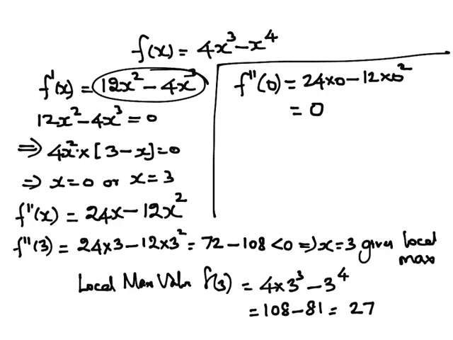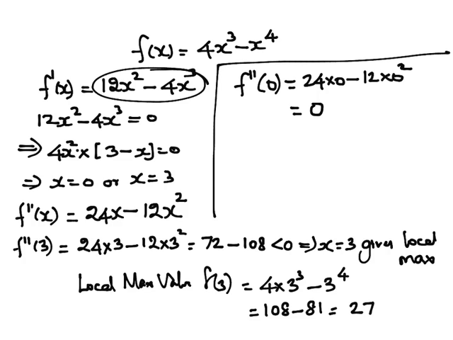Now we know that if the second derivative is positive, we get a local minima. If the second derivative is negative, then we get a local maxima. But what if the second derivative is equal to 0? We all know that it may be a point of inflection, or it may be a point of maxima or minima.